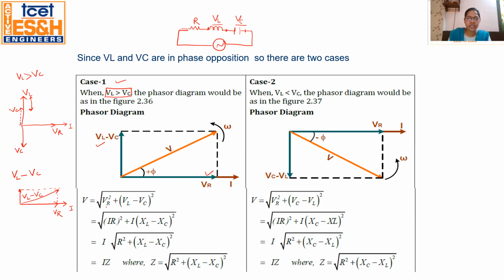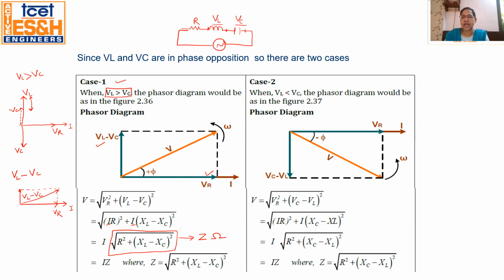When we replace VR by I into R, VL by I into XL, and VC by I into XC, we can take out the common I, and under the root only R squared plus XL minus XC squared remains. Now this term, the square root of R squared plus XL minus XC squared, is nothing but the impedance of the RLC series circuit. So Z is always in ohms.